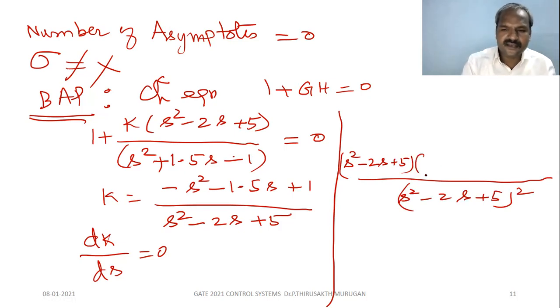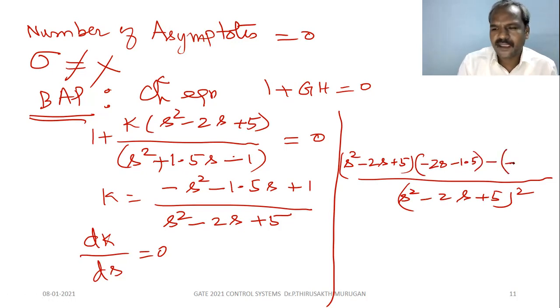What is the differential of the numerator? Minus 2s minus 1.5, minus, keeping the numerator minus s square. Taking minus common outside, so plus 1.